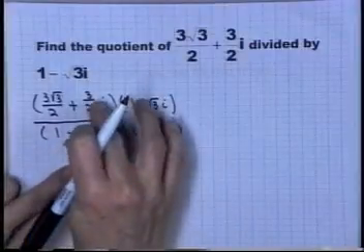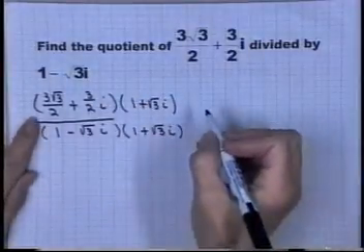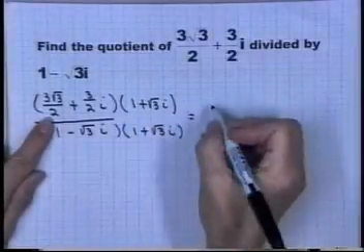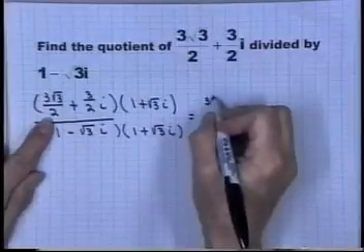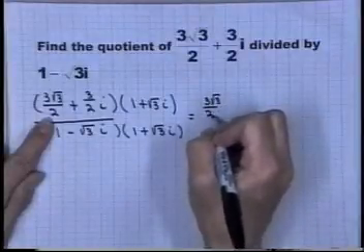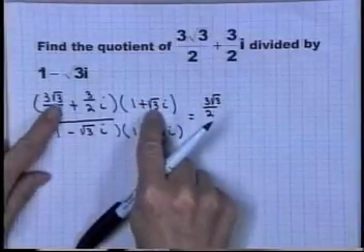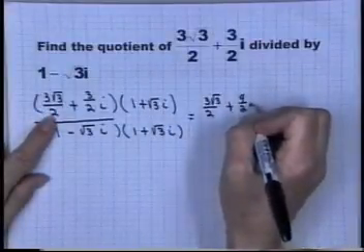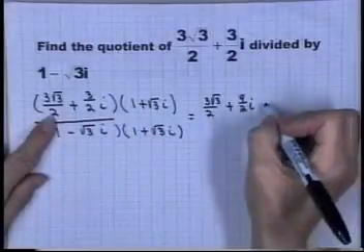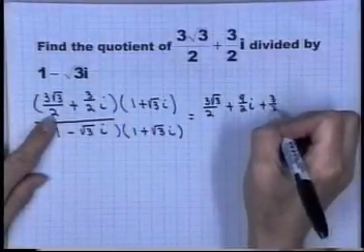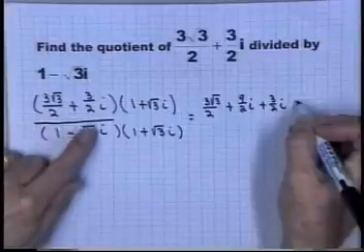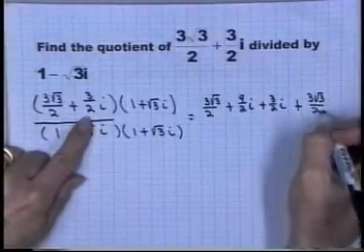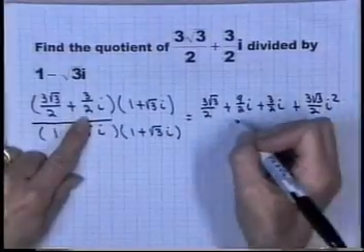Okay, now that's going to require foiling both of these places. Okay, well let's do this one here. So multiplying 1 times 3 square root 3 over 2, I have 3 square root 3 over 2. My outside product, I'm going to get a 3 times 3 is 9 halves i. My inside product is going to be a plus 3 halves i. And then my last is going to be 3 square root 3 over 2 i squared.